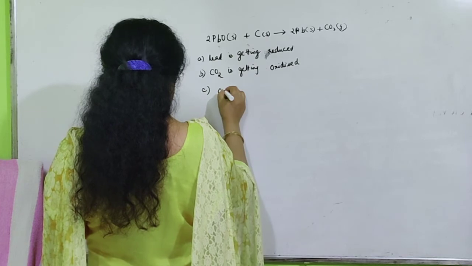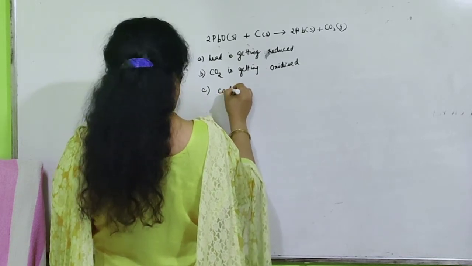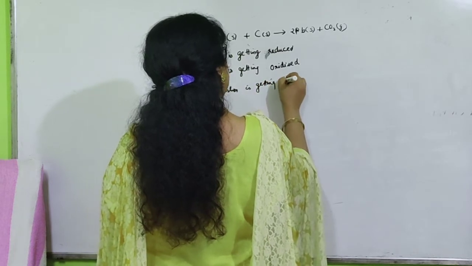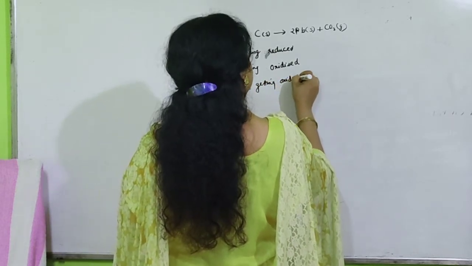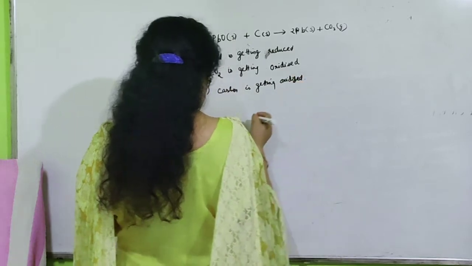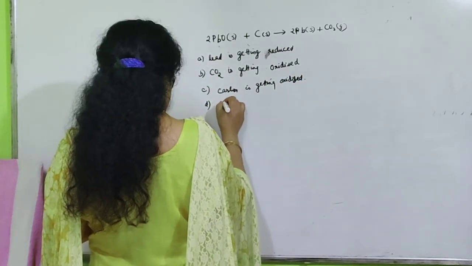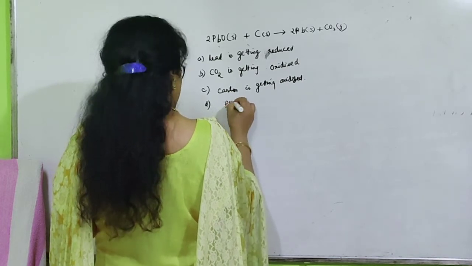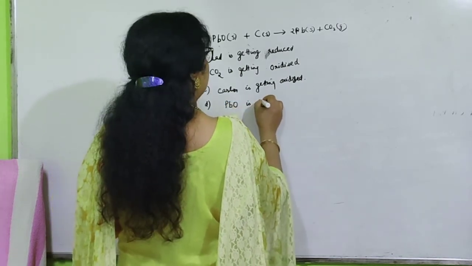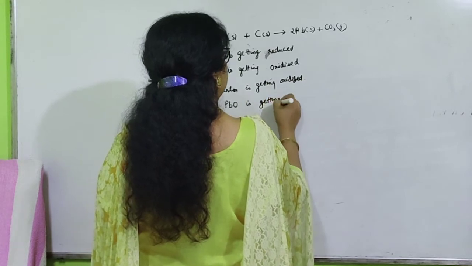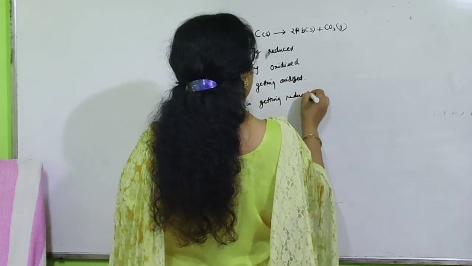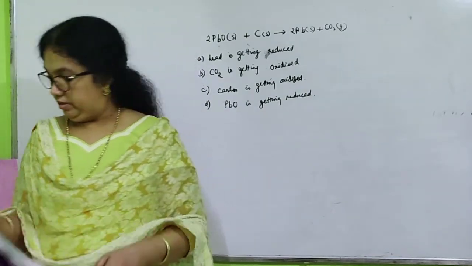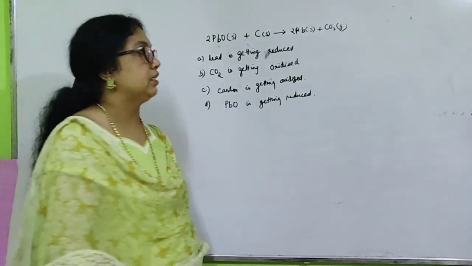Third, carbon is getting oxidized. And fourth, lead oxide is getting reduced. So how can we know that? Then options are given, A and B like that, asking which are the incorrect answers.